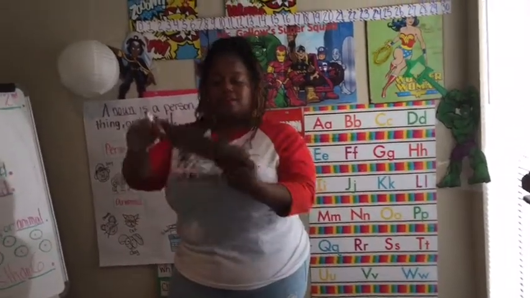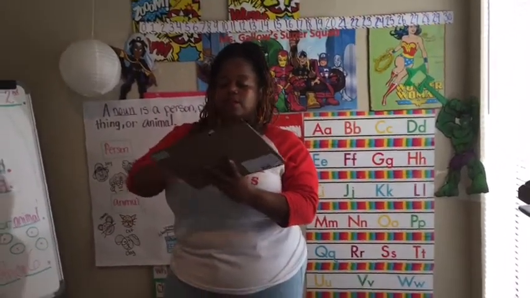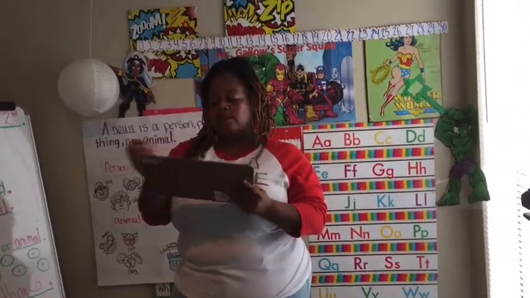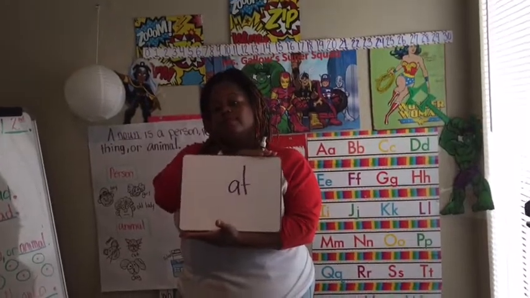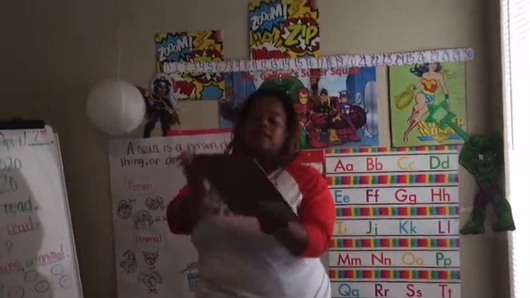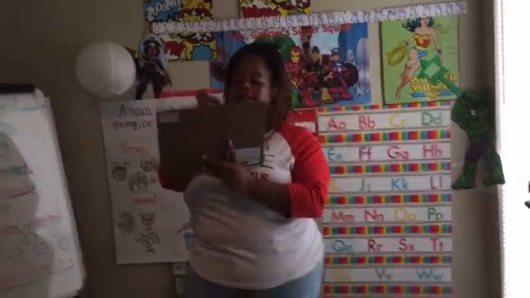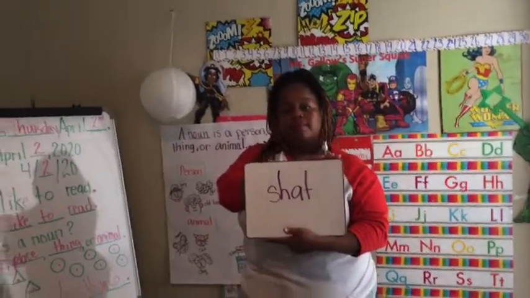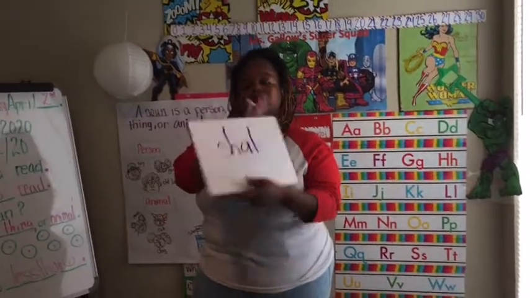Okay? Awesome. All right, now Ms. Gallo is going to write this word. What is this word? Good. Now if I put the digraph SH, what does that become? Good.